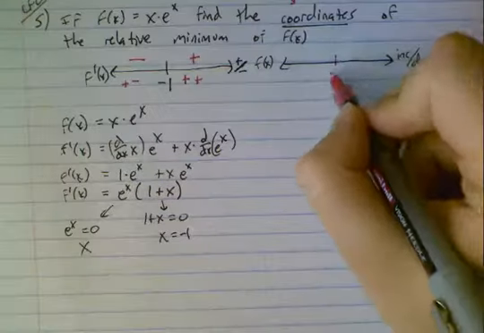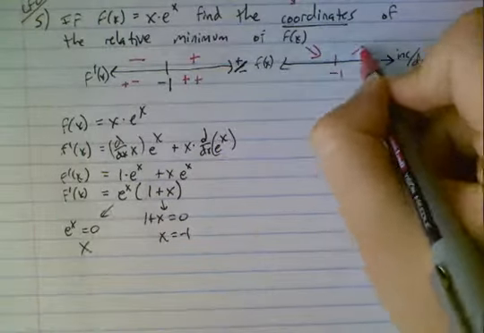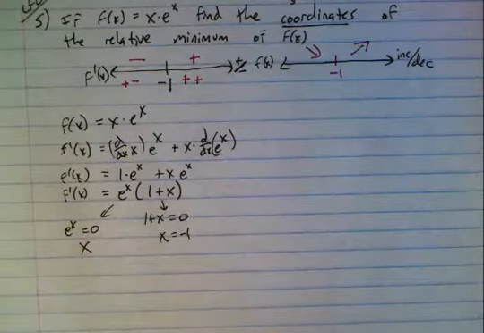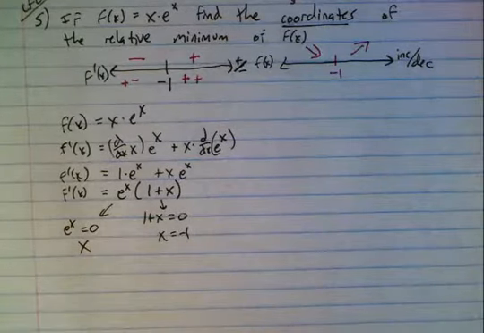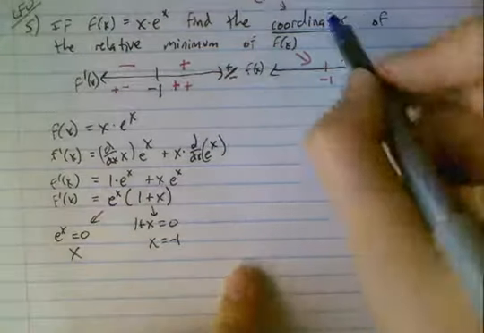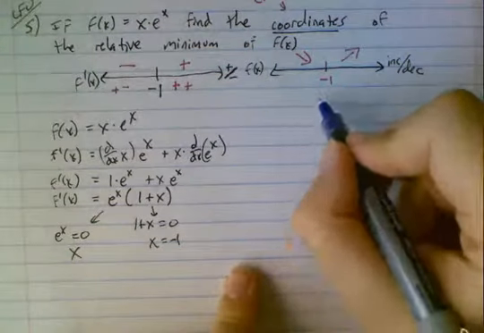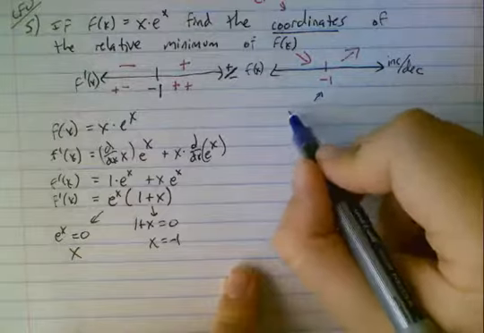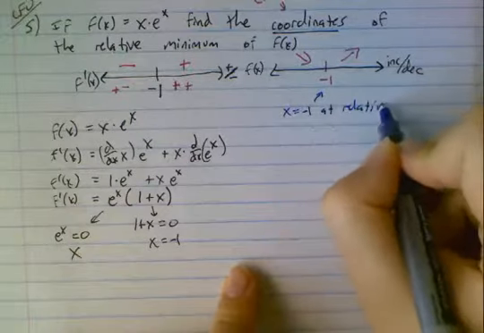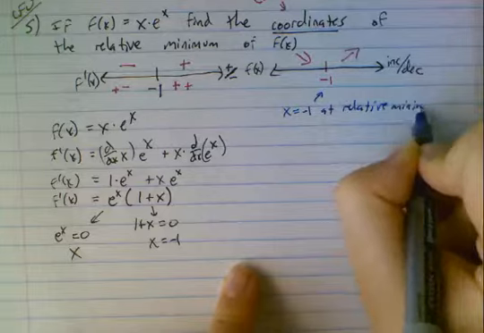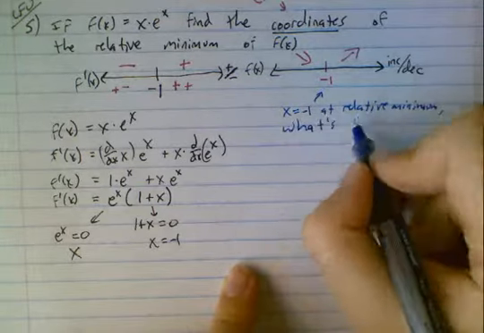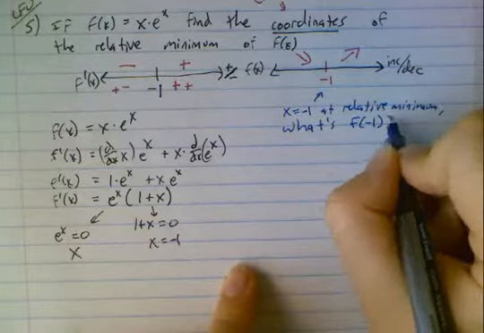So translating that over here, that means we have a relative minimum at x equals -1. However, we want the coordinates. So x equals -1 at the relative minimum. What's f of -1?